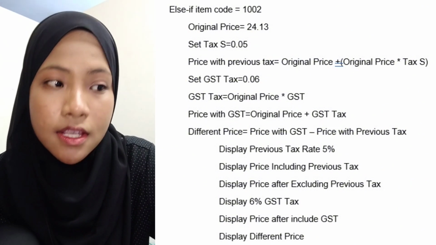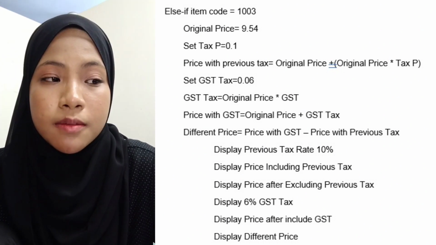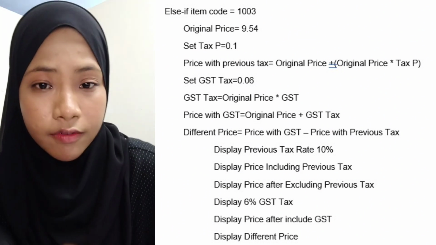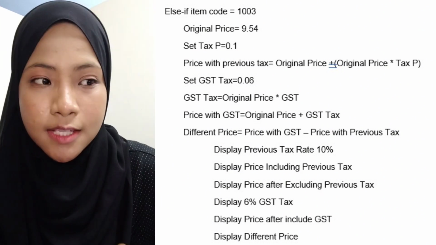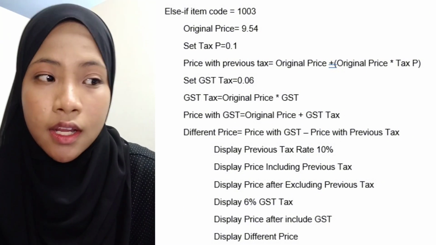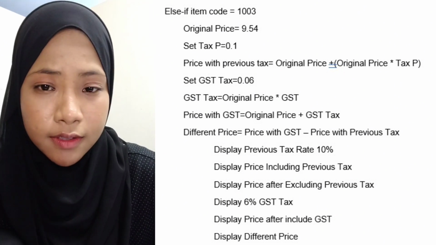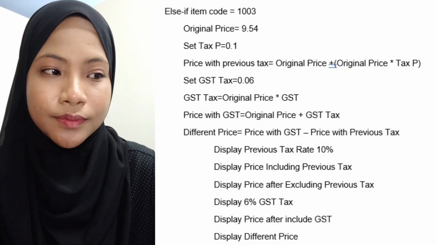Else if item code 1003, original price will be 9.58 and different tax, it will be tax B, which is 0.1, and same calculation but with different original price and same tax.